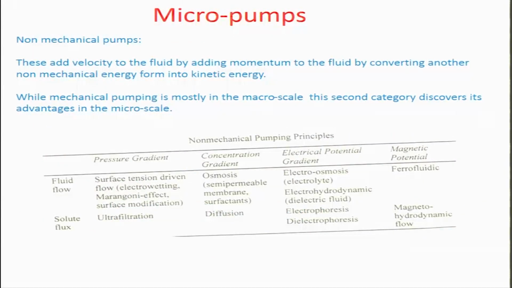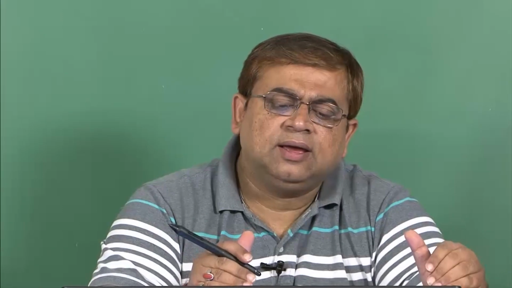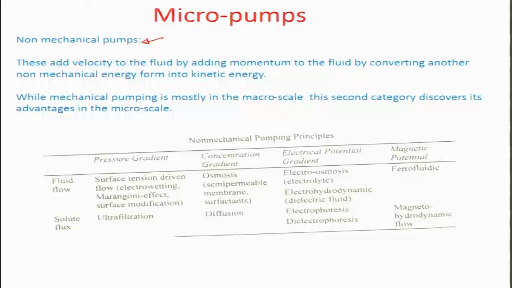Then there are many non-conventional, non-mechanical processes which are related to fluid flow and fluid behavior, for example surface tension, again electrowetting, electroosmosis, osmosis, ferrofluidics, and so on, where the nature of the particular fluid and its interaction with the surfaces of the devices would be responsible for the forward movement of the fluid.